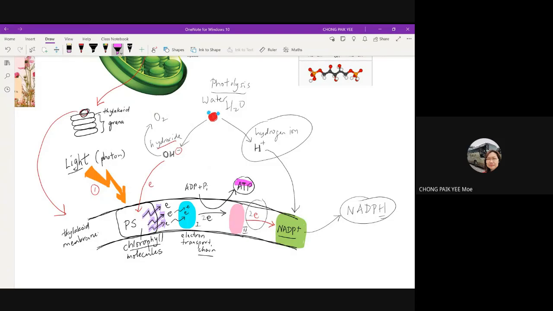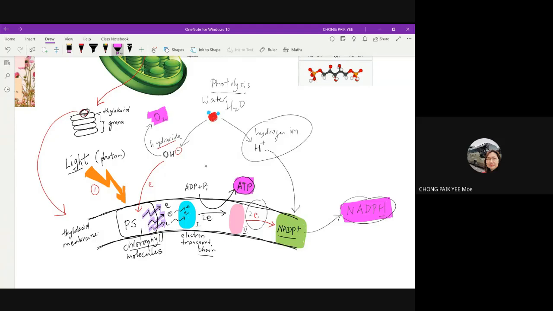This is needed in the second reaction, because without energy, your second reaction cannot take place. Number 2, you also have NADPH. This is the second thing that is formed after the first reaction. And thirdly, you will also have oxygen, and this is released.